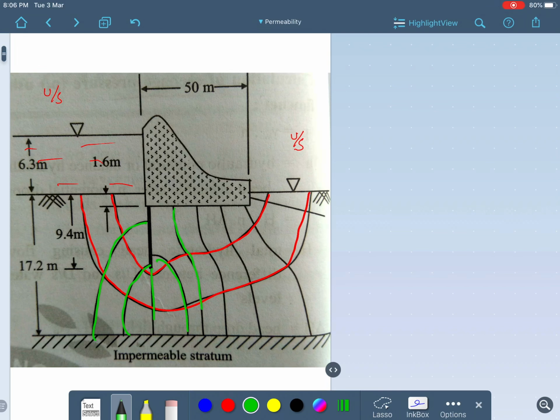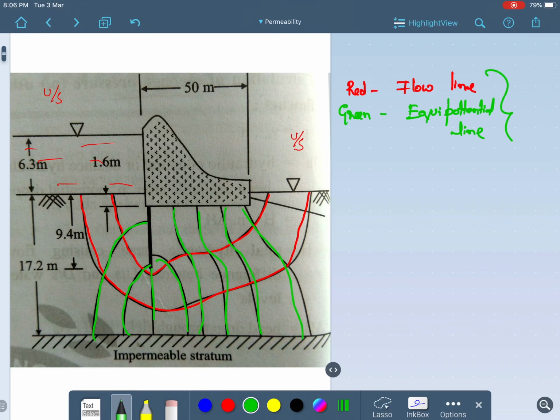So what is the difference between these two lines? The red line indicates the flow line and the green line indicates the equipotential line. So what is flow line and what is equipotential line?